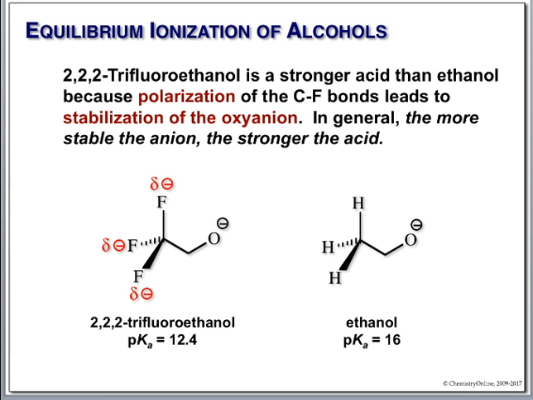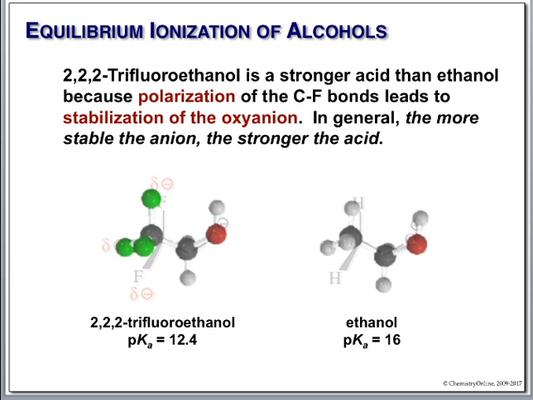Basically because they're going to suck the electrons away from the anion and delocalize them on the highly electronegative fluorine. With ethanol, nothing like that can happen. These are ball and stick. Here's our trifluoro group. This is just a methyl.